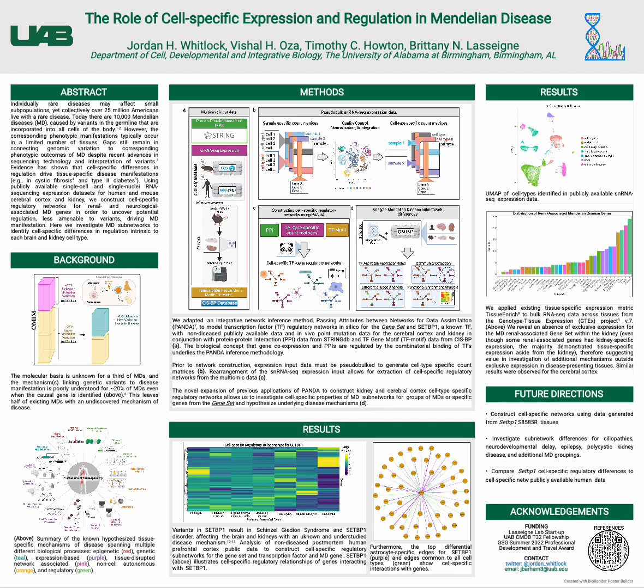And so once we've constructed these cell-specific regulatory networks, we can then go in and pull out subnetworks for all of the disease genes associated with ciliopathies or developmental delay or epilepsy or polycystic kidney disease, any of those Mendelian diseases associated with a brain or kidney phenotype that are of interest.